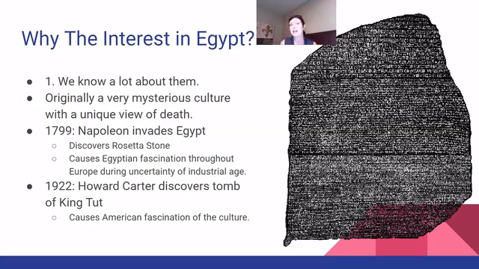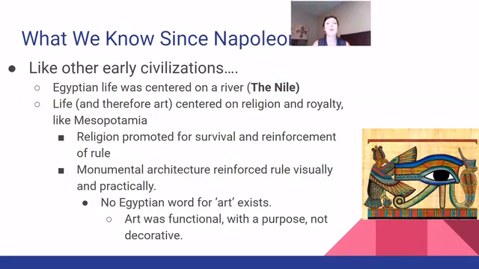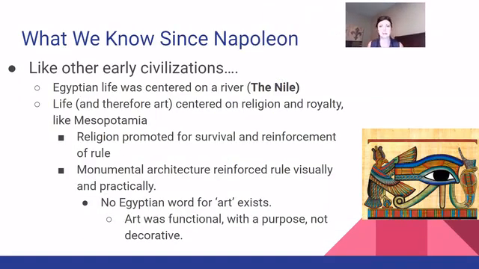As a result, it kicked up the fascination with Egypt again. In the Roaring '20s, they would even have King Tut type parties. People want to be them and understand them because they seem to have a grasp on life that other cultures don't. So what do we know about them since Napoleon? What have we uncovered about the Egyptians?